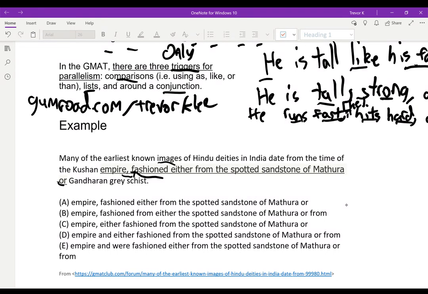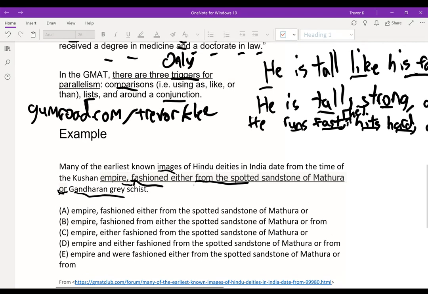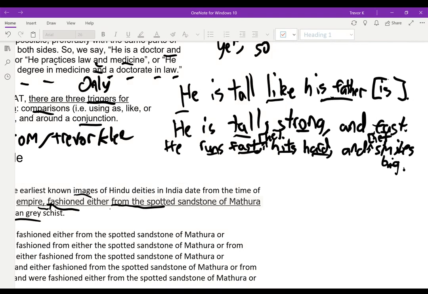How do I feel about the second thing, or Gandharan gray schist? I don't love it because I said either from the spotted sandstone of Mathura, and then I just said or Gandharan gray schist. Now this is something I need to repeat. If we look up here, when I don't need to repeat things, it's at the beginning: he runs fast, he hits hard.